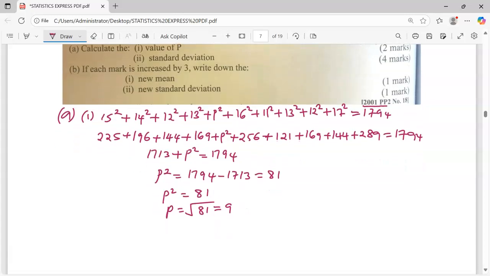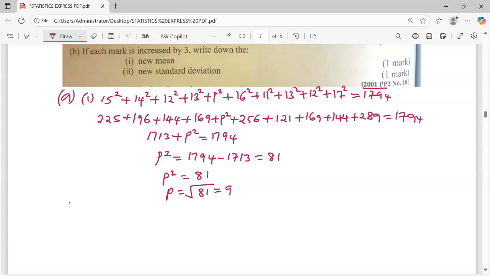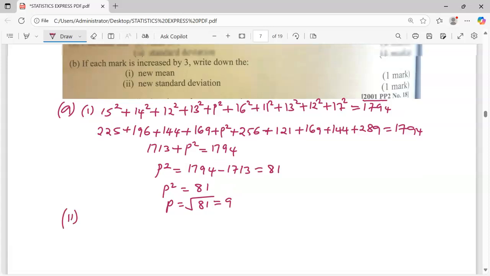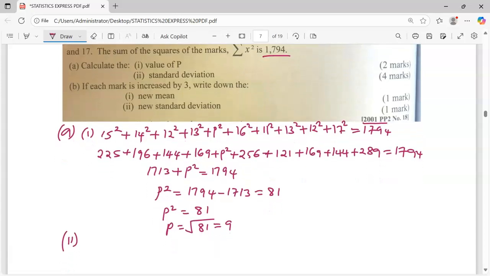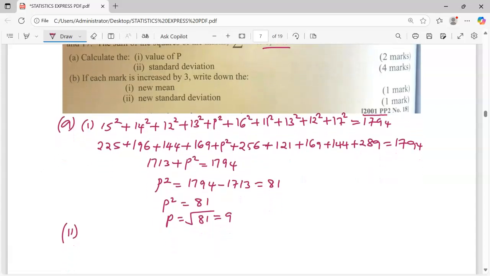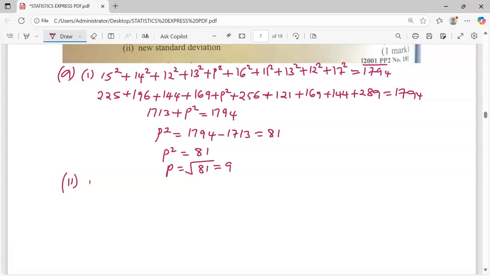Roman 2, we are supposed to get the standard deviation. And for us to get the standard deviation of the marks, we need to modify the information as follows. We are going to begin with the marks, and we are going to arrange the marks vertically. That is from 15.